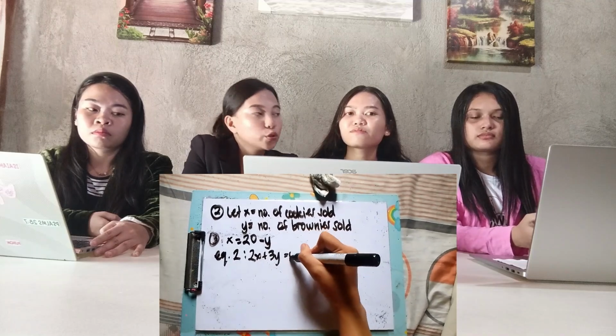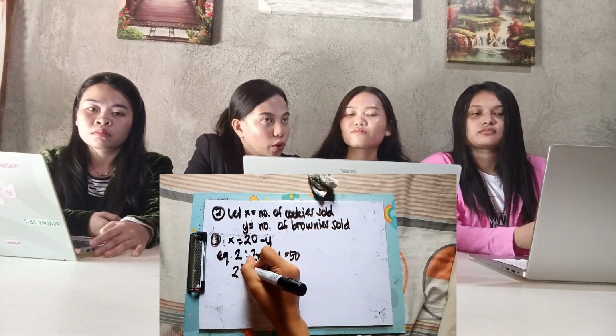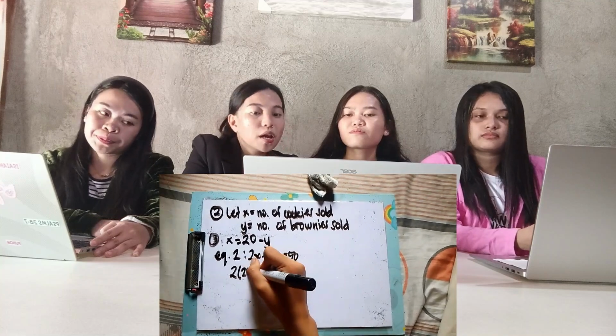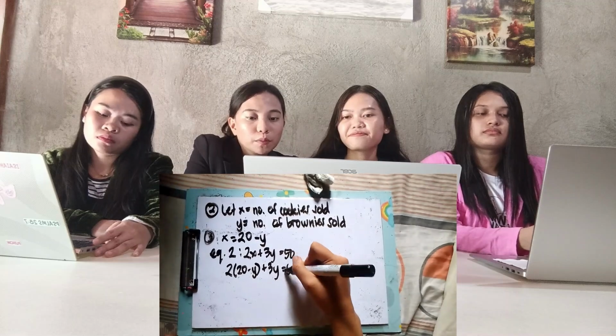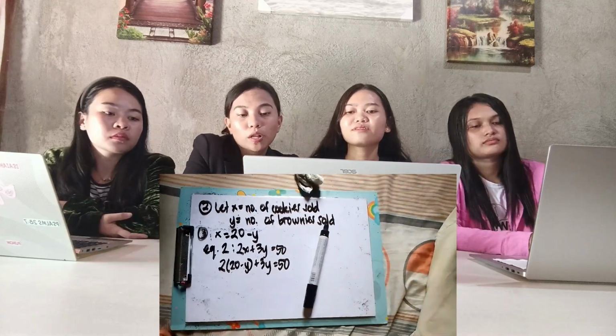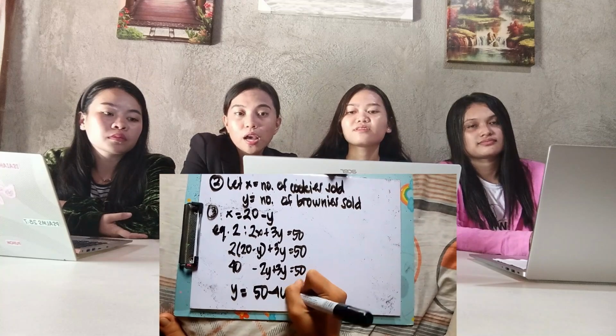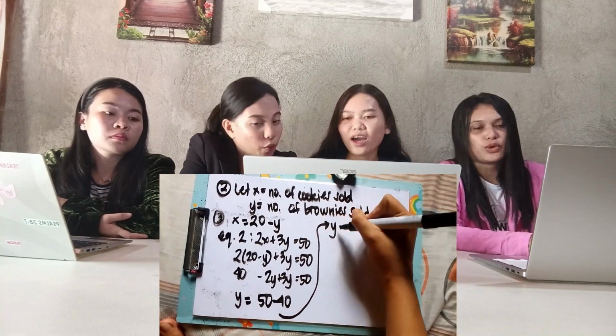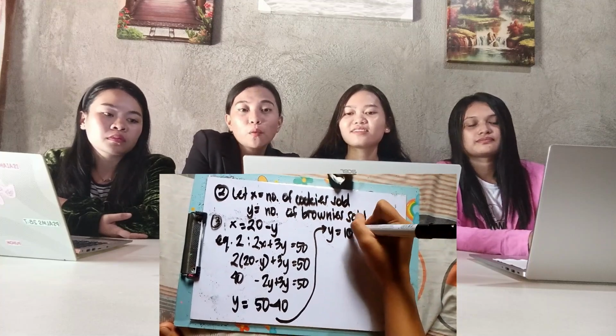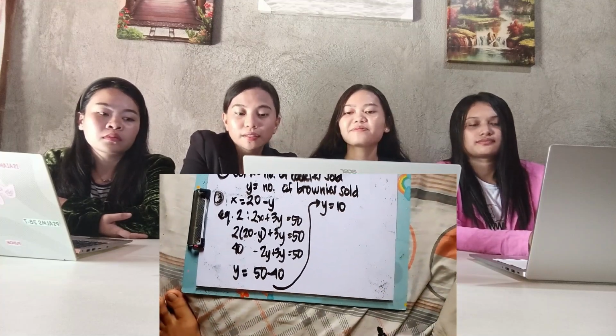Now we have 2 multiplied by the quantity 20 minus y, plus 3y equals 50. After multiplying, it becomes y equals 50 minus 40, because negative 2y plus 3y equals y. Okay. Now y equals 10.